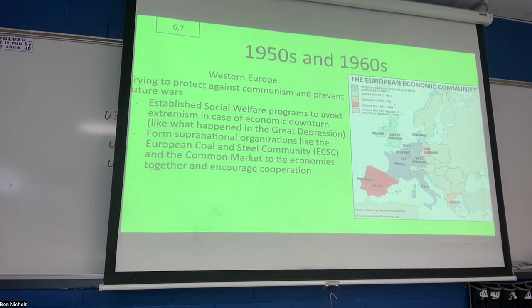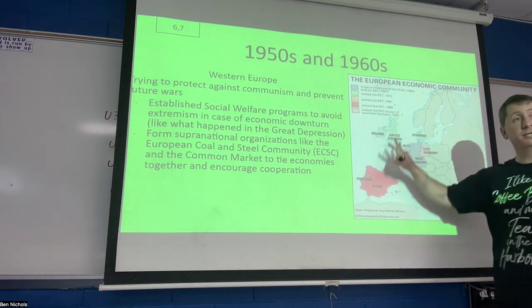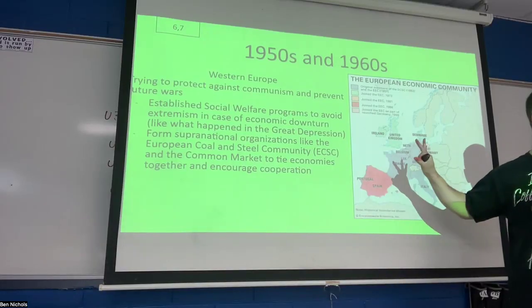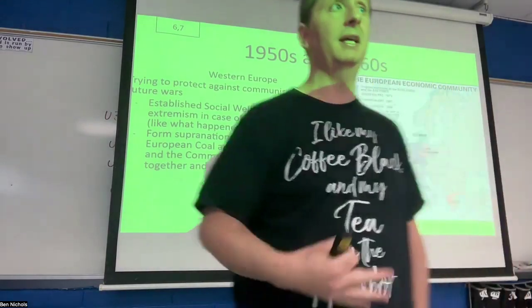On the international level, they create these supranational organizations like the European Coal and Steel Community and the Common Market. These are both designed to encourage cooperation among Western European countries. The political goal is, if we're cooperating, then we're not going to go to war. The political goal is peace and unity.